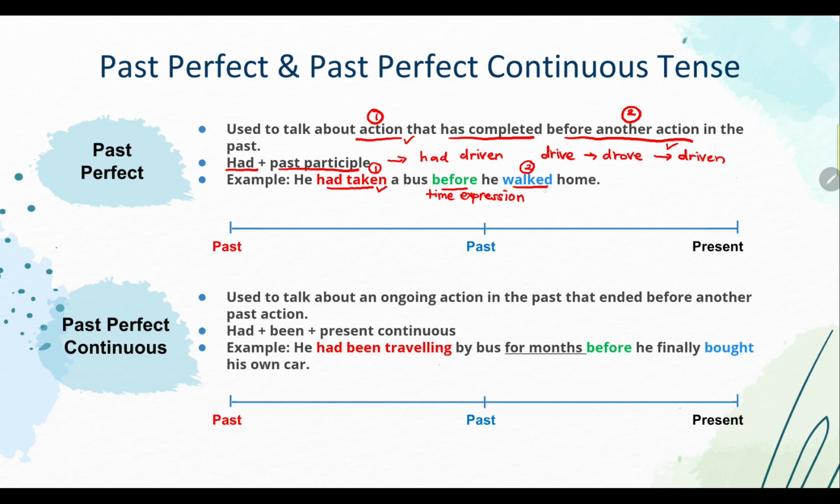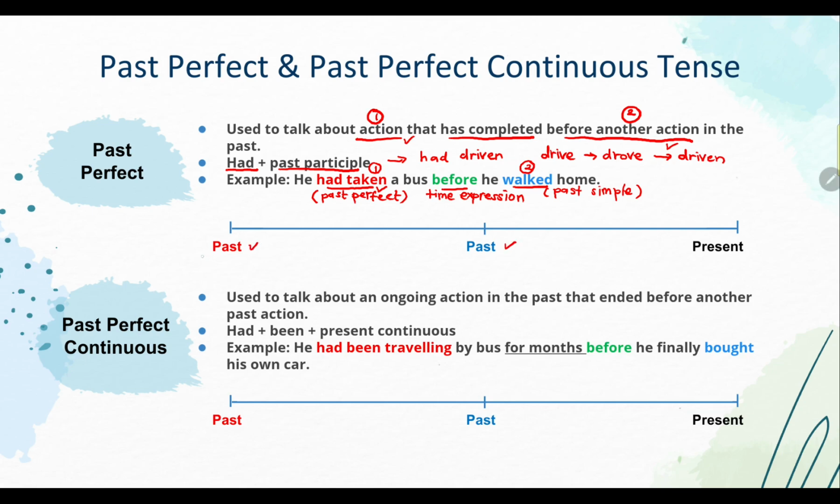And then the second action will just be past simple. The first action that happened will be in past perfect. Okay, so if I want to show you in the form of timeline, there are two actions that happened in the past.